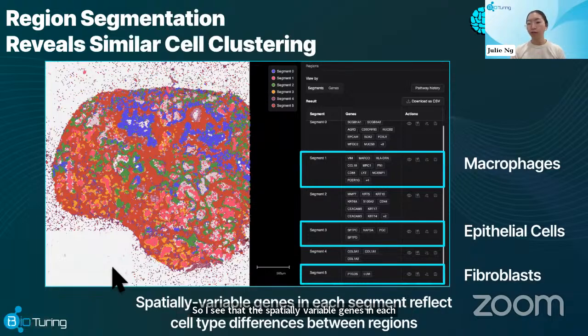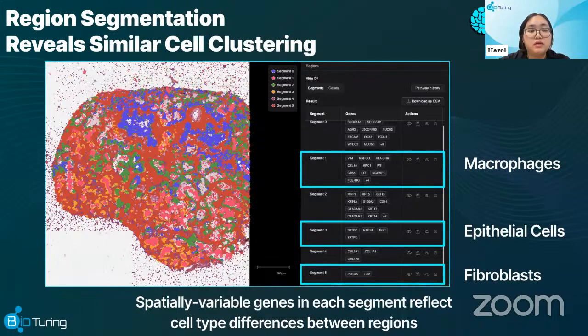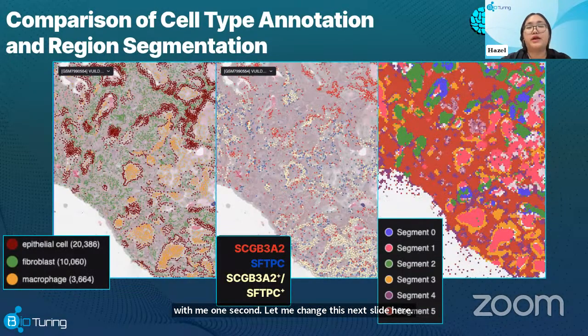So I see that the spatially variable genes in each segment reflect the cell type differences between each of the regions. And when we compare different results side by side, let me change to the next slide here. Okay, here it is.